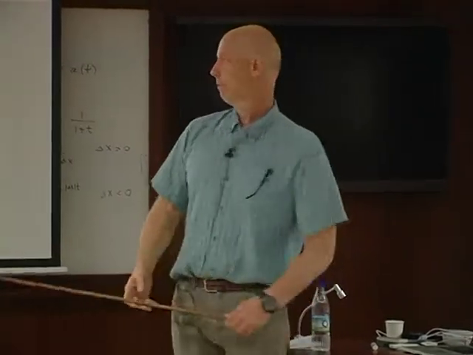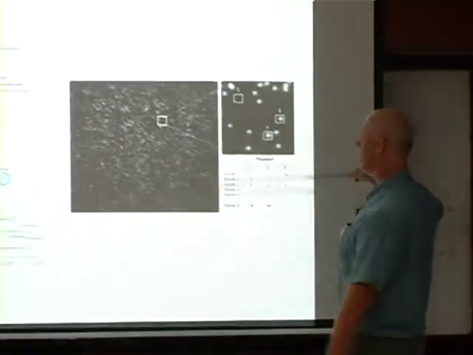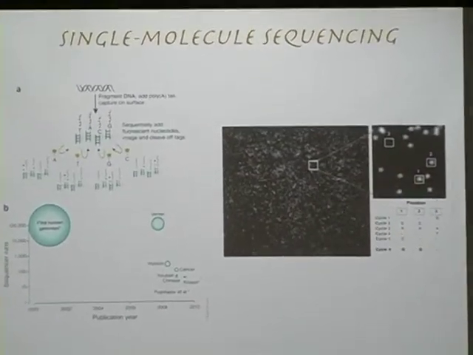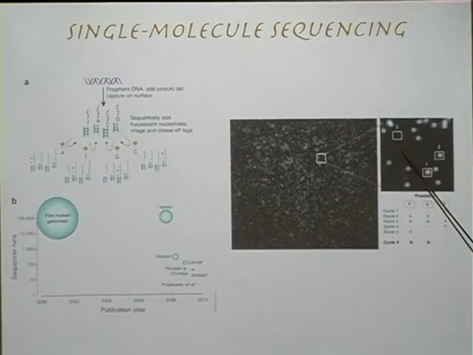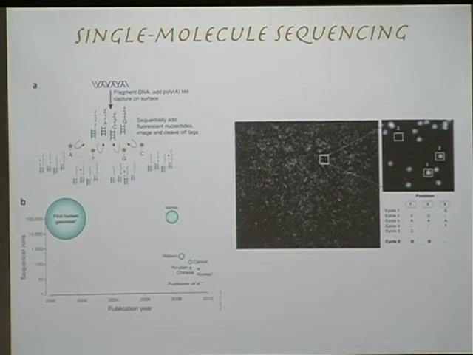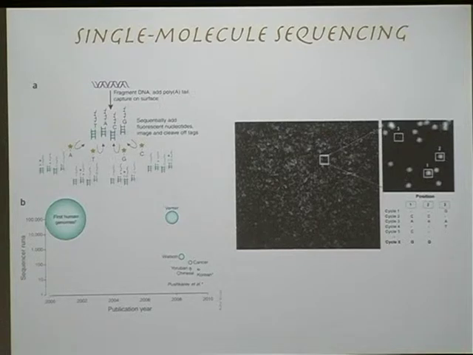It's a different color. And so you do this again and again and again. It takes a fancy microscope. It takes a lot of data analysis, right? Because you got to keep track of all these fragments at once. And when all is said and done, you have the sequence of a bunch of 25-mers. And then you have to figure out how to put them back together again. In other words, if they came from longer pieces.